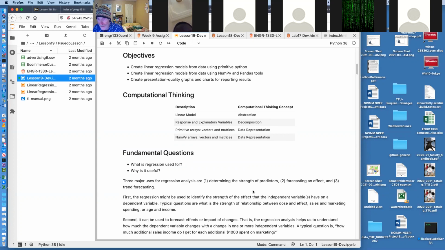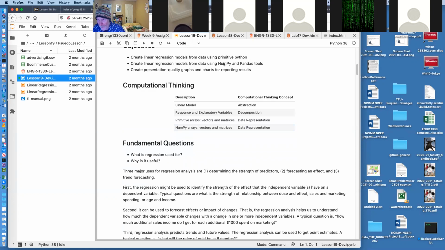And then we'll create linear regression models from data using NumPy and Pandas. When we switch from primitive Python to NumPy and Pandas, we will condense 16, 18 lines of script into a single statement, pandas dot fit, something like that.